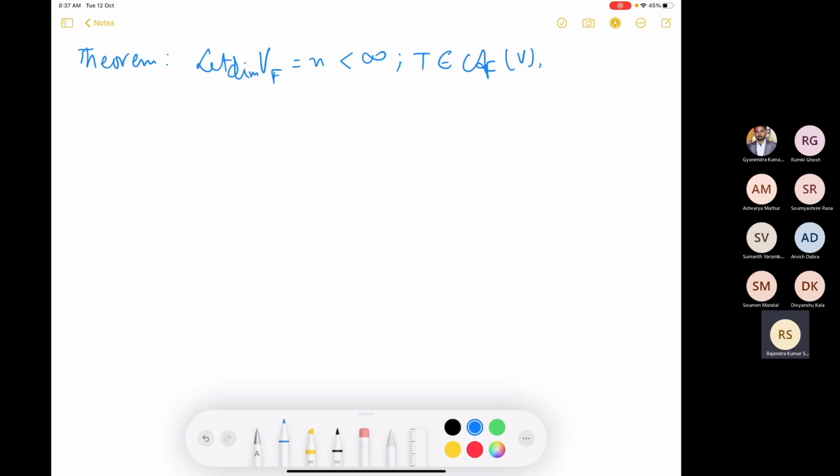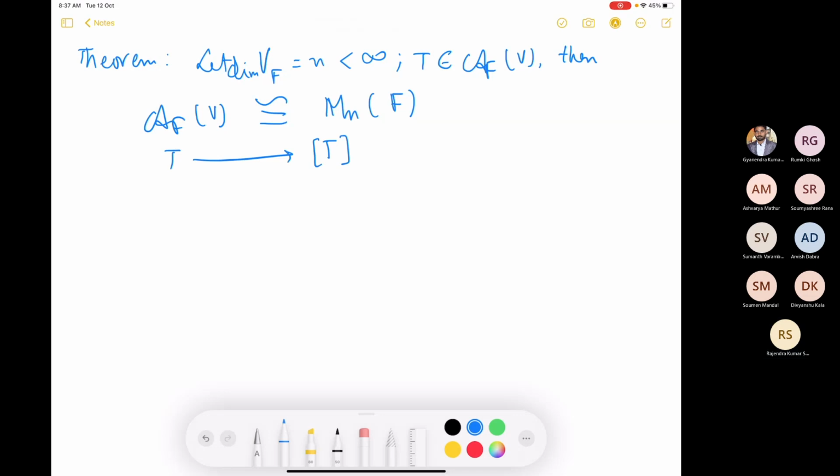Then we have already proved that AFV is isomorphic onto MNF. The map sends T to the matrix of T with respect to an ordered basis B.